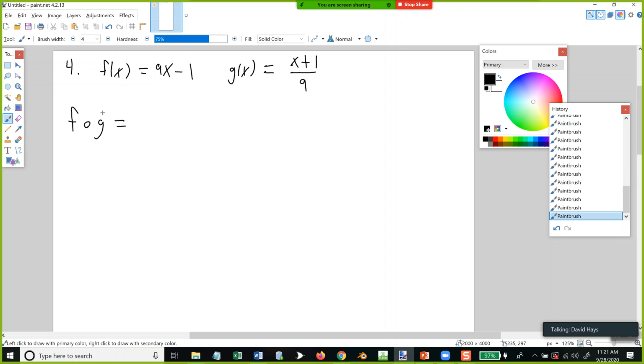We'll first find a composition of f and g, which is f of g. And remember this from last time, we're going to take our f of x, which is 9x minus 1, and we replace our x with a set of parentheses. And then we want to plug in the other function inside those parentheses. So we're going to plug g in, but g is equal to x plus 1 over 9.